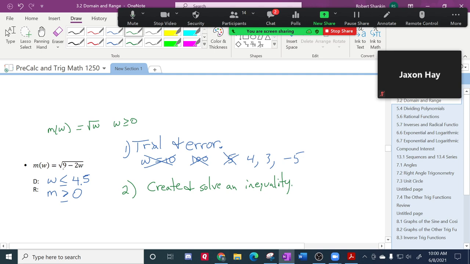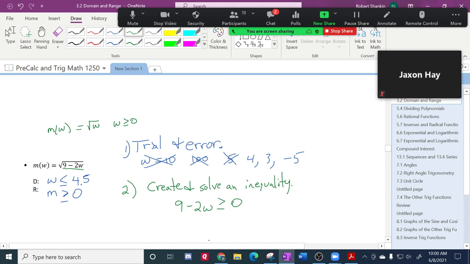So, boil this down: whatever's in here, replace it with a single letter for an instant, and then say, well, what must be true about that single letter? That single letter must be greater than or equal to 0. Well, we can do that for that whole expression. 9 minus 2W must be greater than or equal to 0.